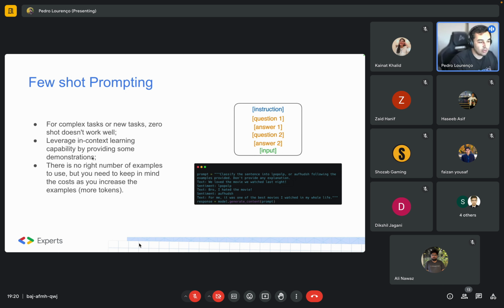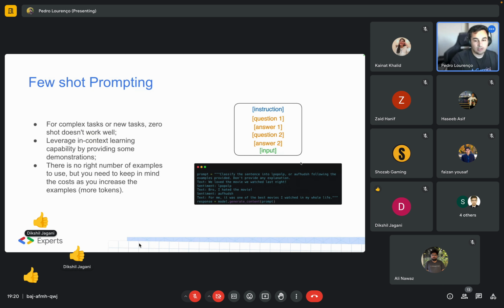Basically, you give the instruction, and then you give the model question one, answer one, question two, answer two, and then your input. So you are basically giving demonstrations to the model on how it needs to think about it. So in this example, we are saying classify the sentence into this first class.